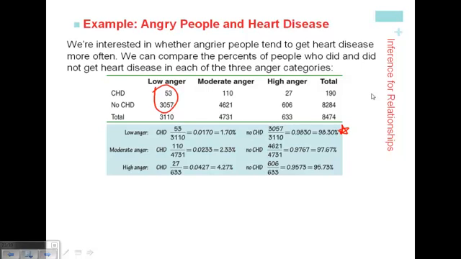So let's say I'm a health screener. Maybe I work for an insurance company like HAP or Blue Cross. Maybe I'm trying to set rates. Maybe I somehow find out that you're an angry person.